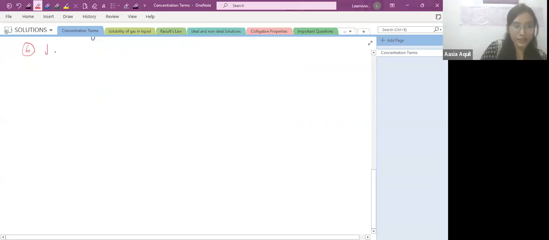Next, again very important, is mole fraction. Among these concentration terms, molarity and mole fraction are very, very important. Mole fraction is denoted by X. Let's consider a binary mixture.